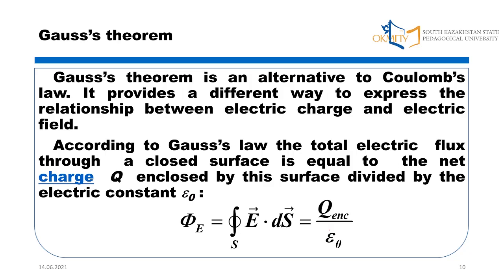According to Gauss' law, the total electric flux through a closed surface is equal to the net charge Q enclosed by this surface divided by the electric constant epsilon 0.